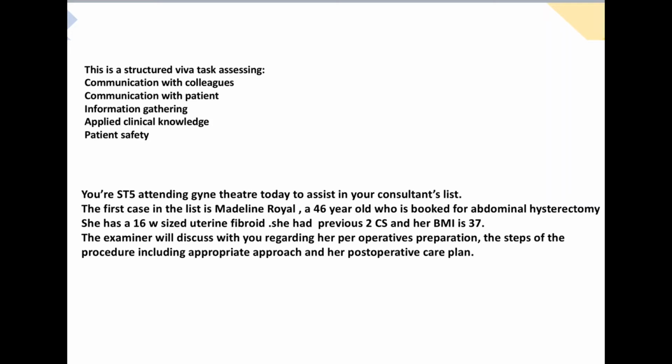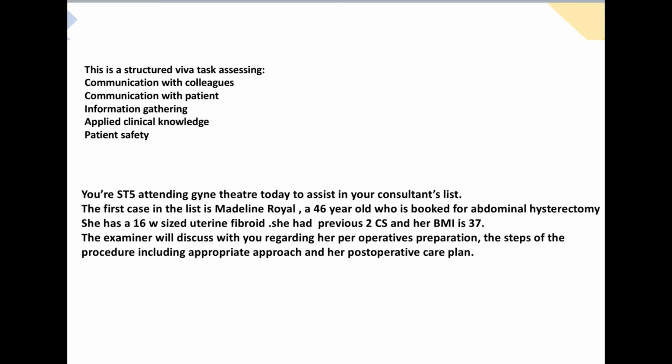And also, by the end of taking her history, we need to assess her VTE risk and decide what we are going to give. Some patients will need elastic stockings, and also we need intermittent pneumatic compression.